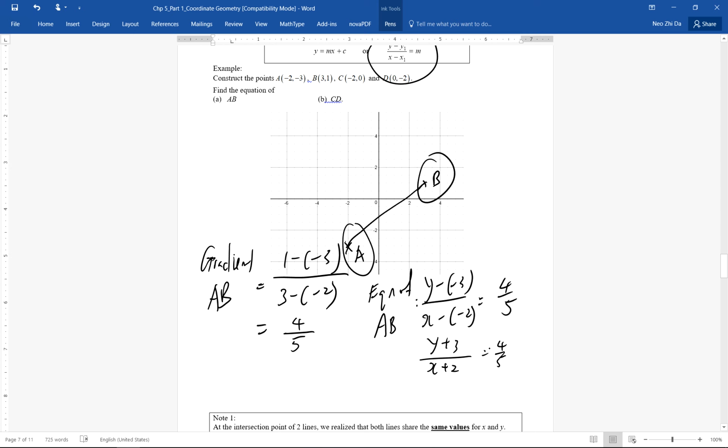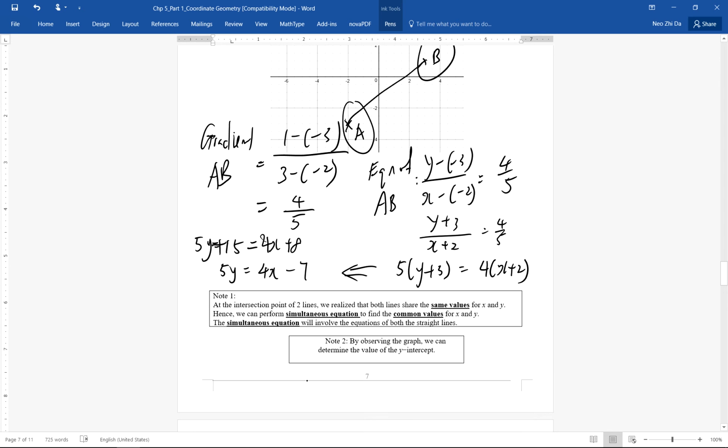Now do this cross multiply, and do the expansion. Minus 7. So this is the equation now. Can? Okay.